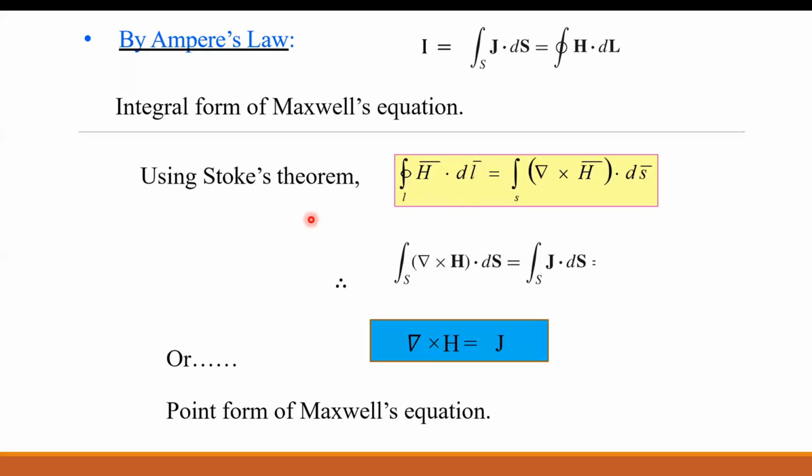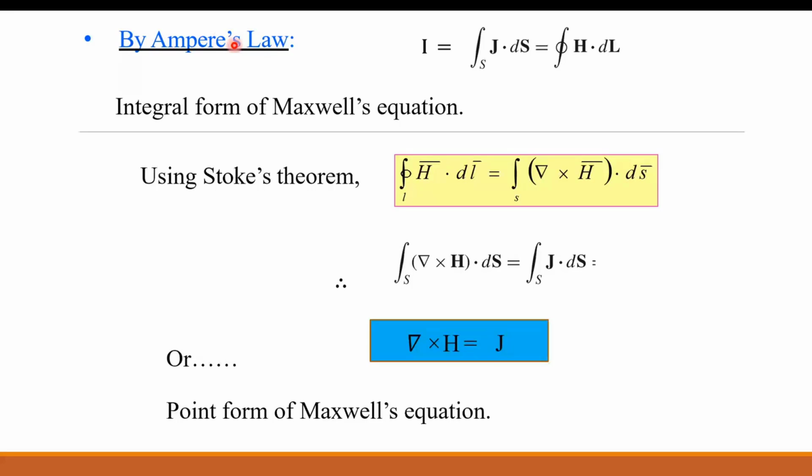If you equate equations 1 and 2, we get del cross H dS is equal to J dS. If you remove the integration, because these are similar quantities dS, we get del cross H is equal to J. This is the point form of Maxwell's equation derived from Ampere's law. One is the integral form and this is the point form.